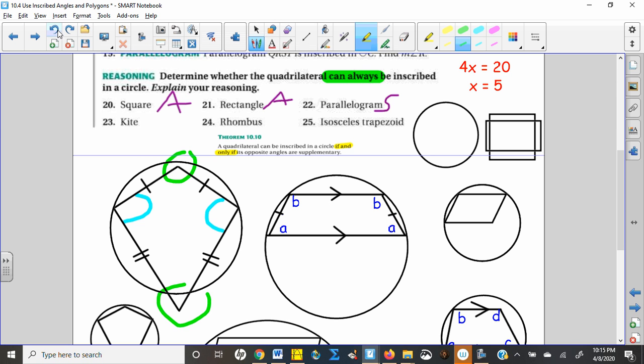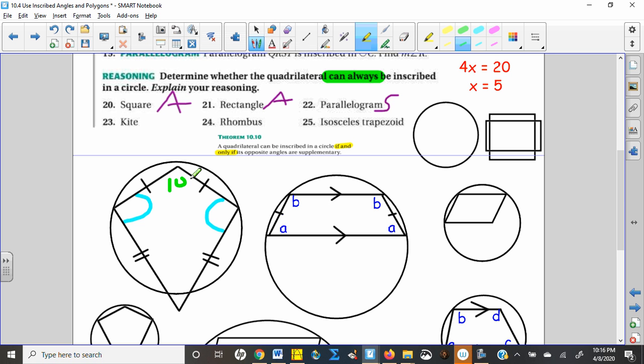So what that means is it is impossible for a kite to be inscribed.